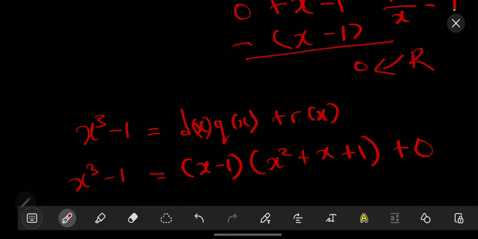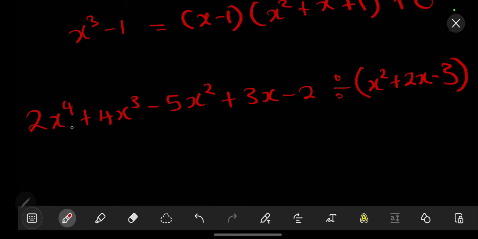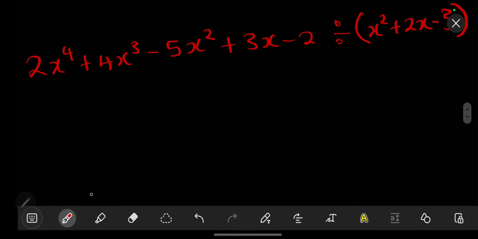Let's look at our last question. If we are dividing this, let's write our long division. So we have something like this.